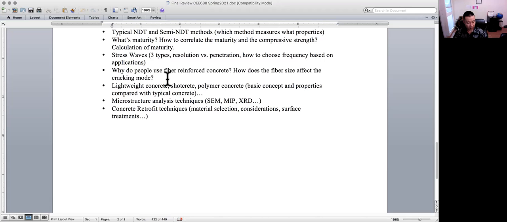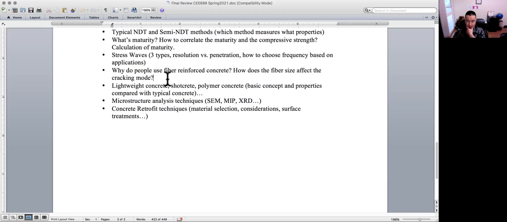The cracking mode for fiber reinforced concrete depends on the size, diameter, and volume percentage of the fiber. And also how fiber can increase the toughness and ductility of the concrete.